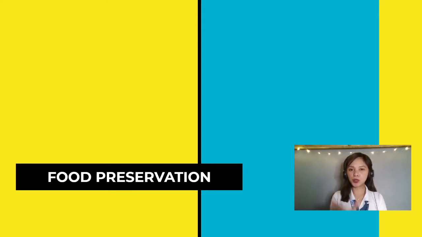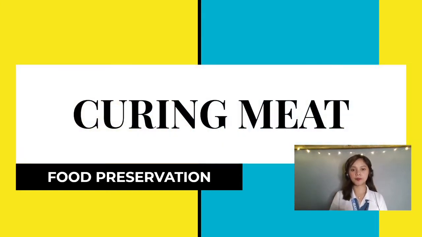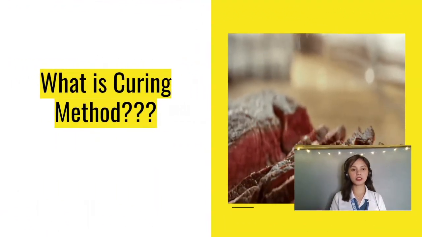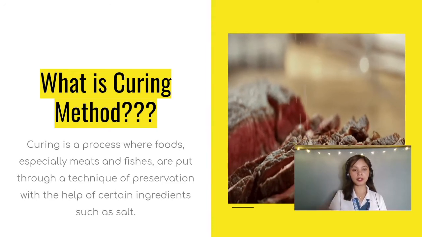But what do we call the preservation of meat? If you don't have an idea, here it is. Curing meat. We're going to tackle the curing of meats today. But before we proceed, let us first find out what the curing method is all about. Who wants to read the definition? What is the curing method? Yes, please read the definition.